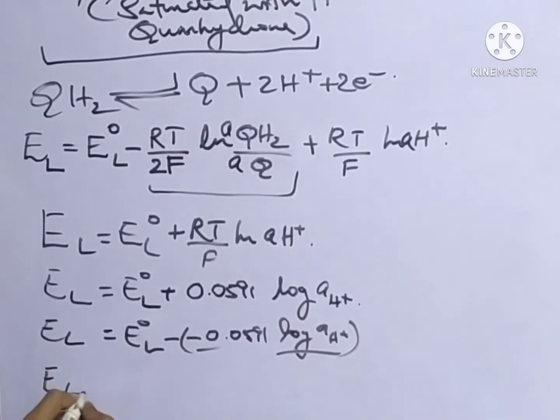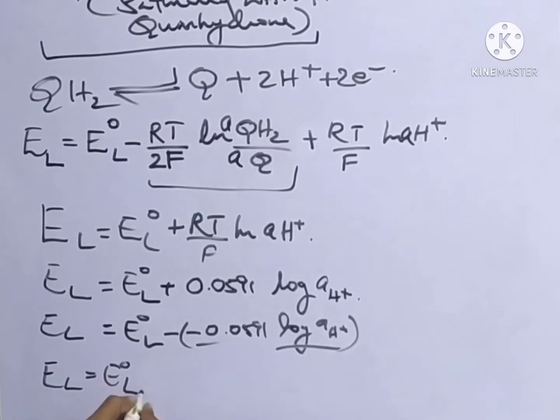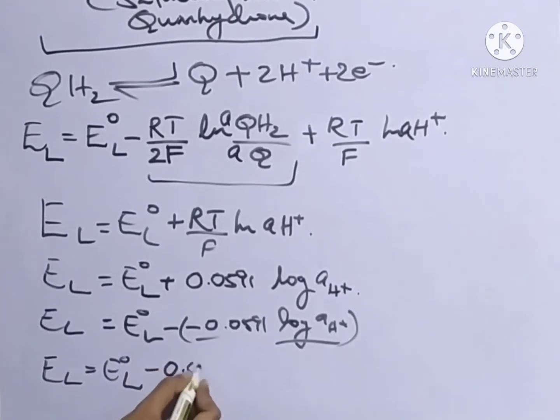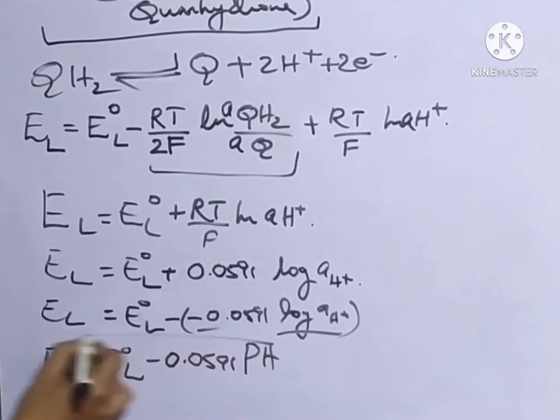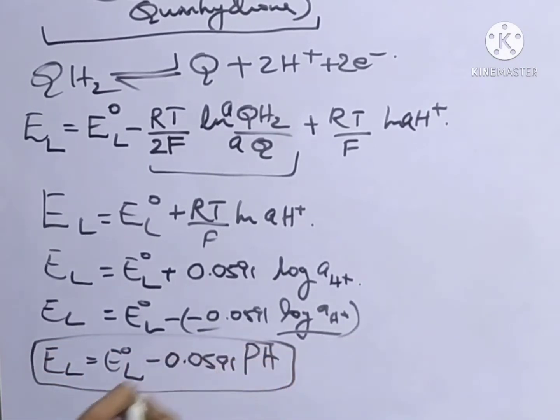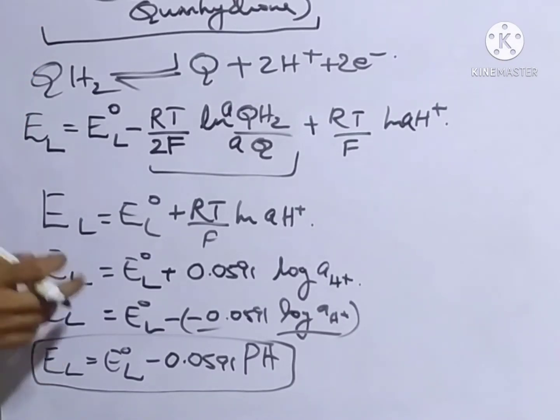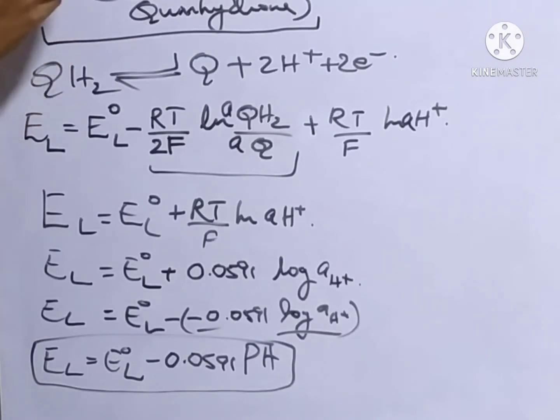So EL equals E0L minus 0.0591 pH. This is the electrode potential of the LHS, the half cell containing the solution having unknown pH.